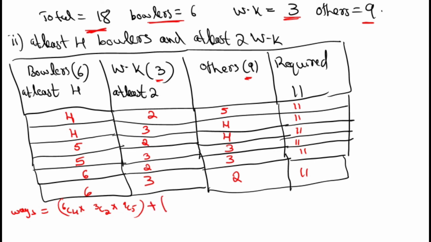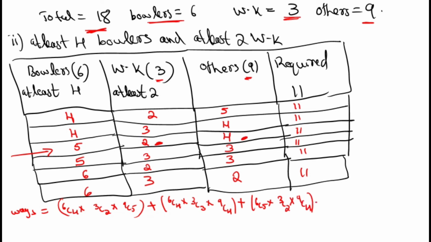Second option, 6C4 into 3C3 into 9C4. Write the third option. Third row, 6C5 into 3C2 into 9C4.